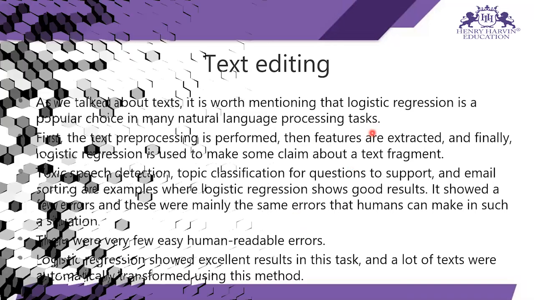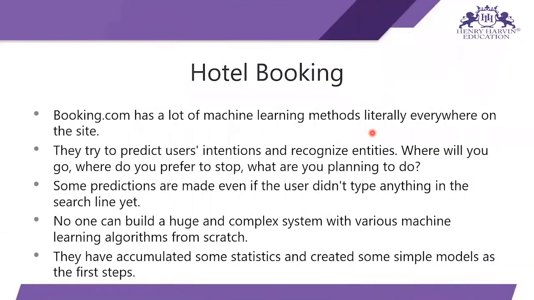Next comes hotel booking. Booking.com has a lot of machine learning methods literally everywhere on the site. When you open any hotel booking site, there are a lot of machine learning methods executing behind it. They try to predict the user's intention and recognize entities: where you will go, where you prefer to stay, what you are planning to do.